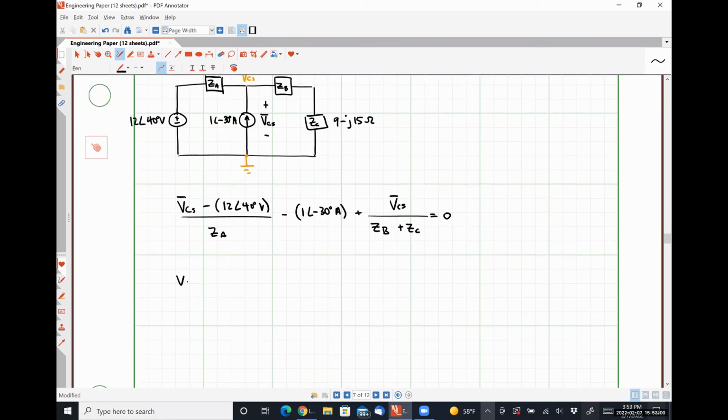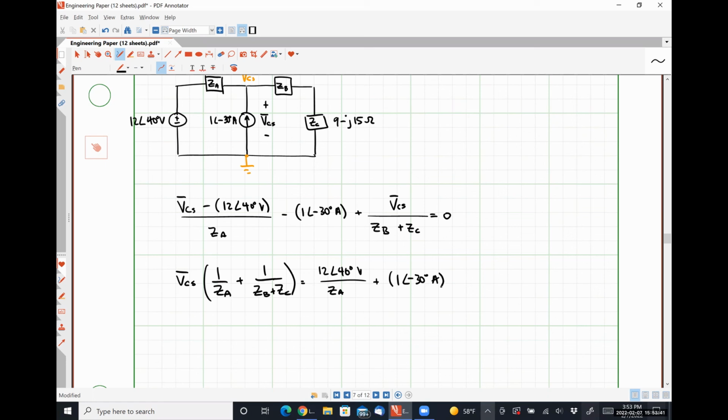From here, this looks like VCS times 1 over ZA plus 1 over ZB plus ZC is equal to 12 angle 40 degrees volts over ZA plus 1 angle negative 30 degrees amps.